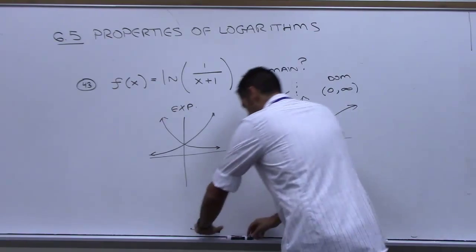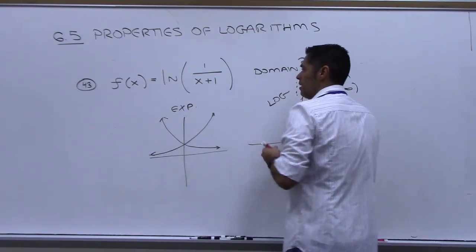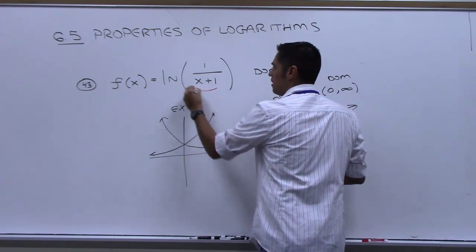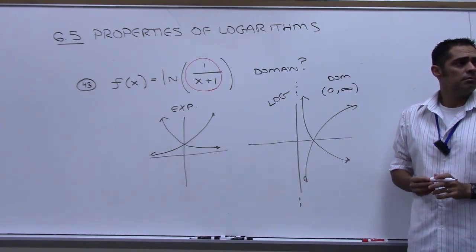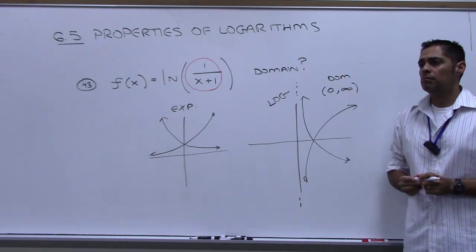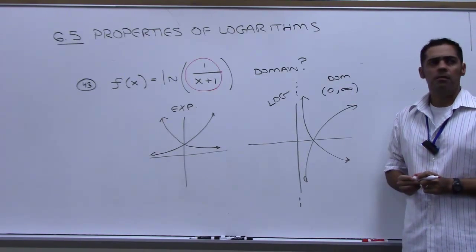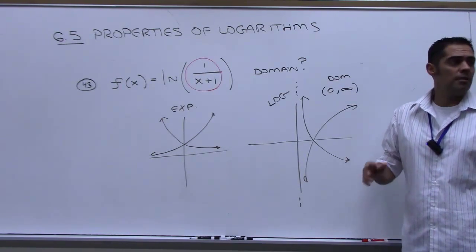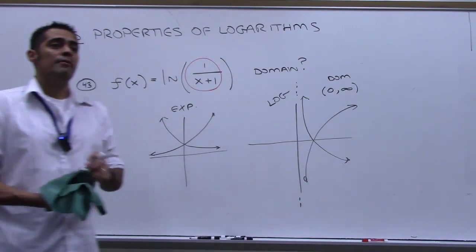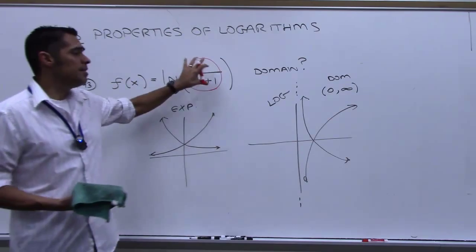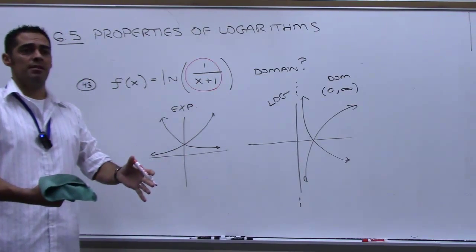So this piece that you plug into the log function has to be greater than 0. Or else you can't do it, right? Do you all understand? So that was the trick question? No, it's recognizing that when you have a log function, no matter what it is, you have a restriction on your domain that whatever is inside the log has to be positive.